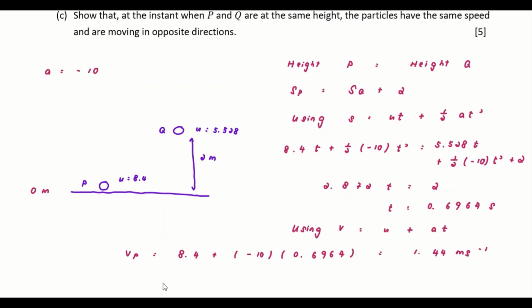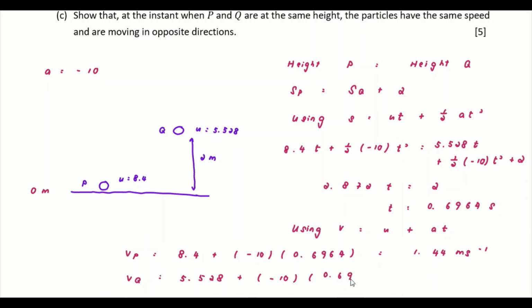Same thing for the final velocity of Q at that instant. So it's 5.528 plus AT. For this one it's important to make sure that you store the value, because if not, you will get one as 1.44 and the other as negative 1.43.